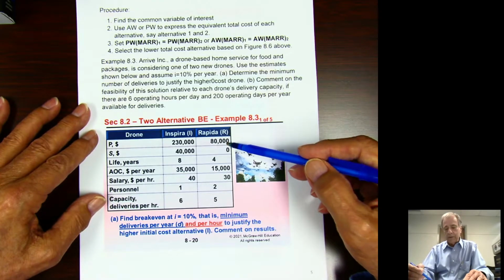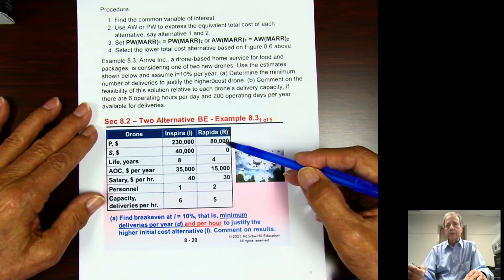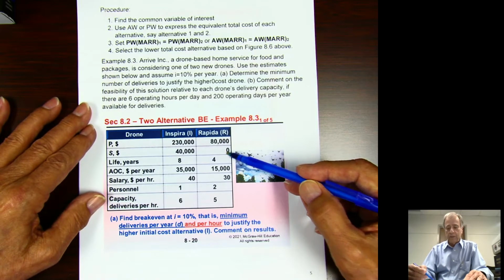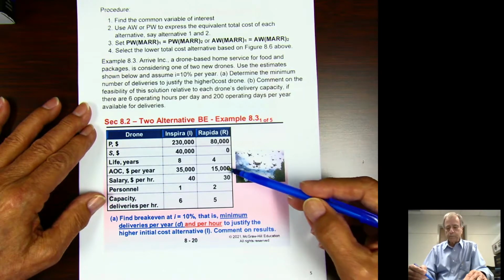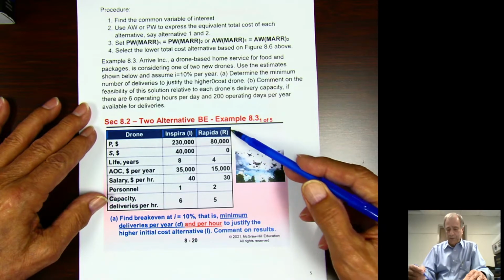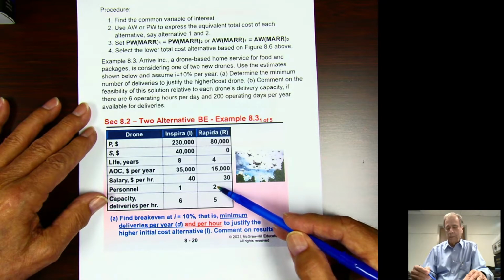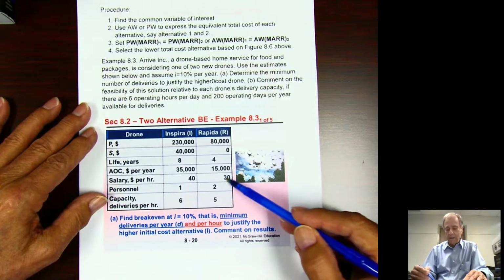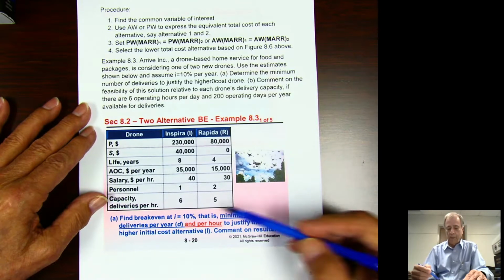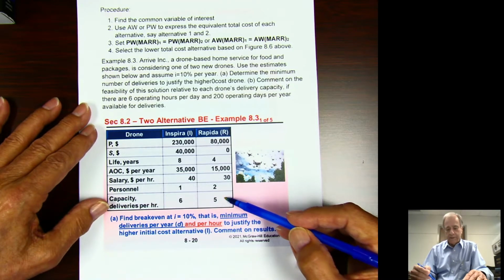The lower costing alternative, Rapida, has a first cost of $80,000. It has no salvage value. It'll only last 4 years. And the annual operating cost is $15,000 for the drone itself, but the labor cost is $30 per hour times two operators to maintain the operation of this particular drone, and it'll only deliver 5 packages per hour.